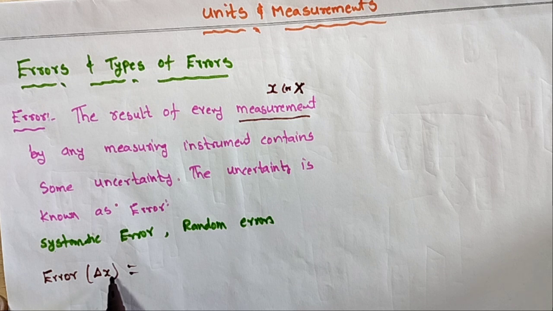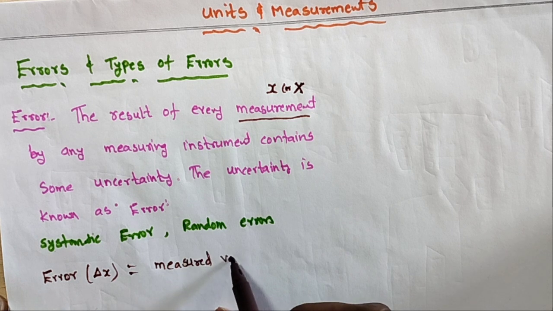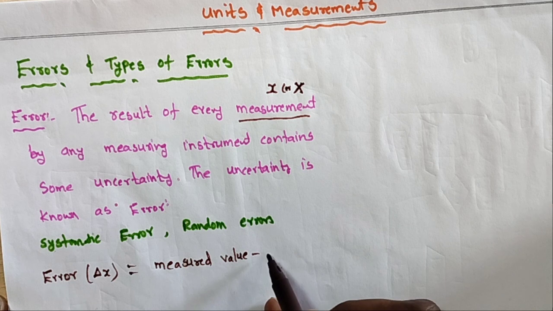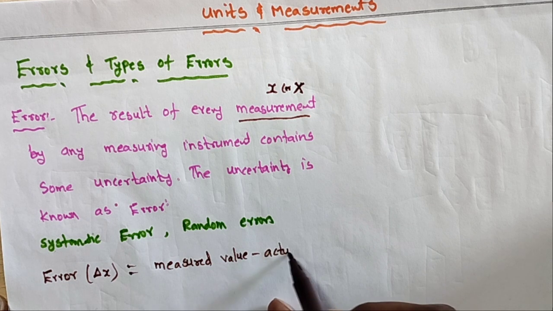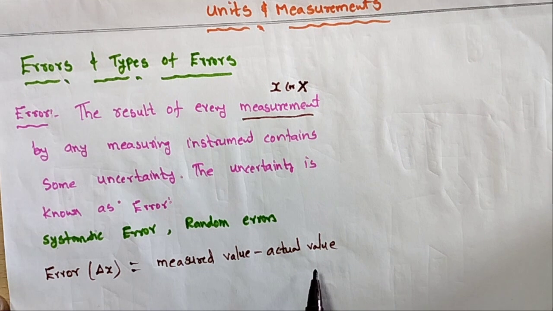Generally, delta x means the difference between the measured value and the actual value. This is the general formula: measured value minus actual value.